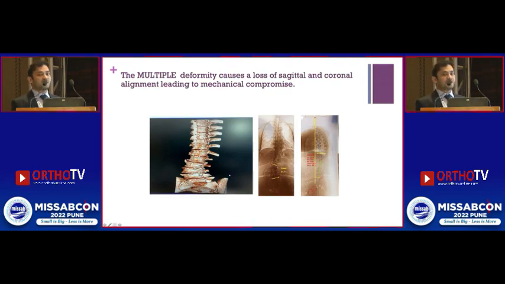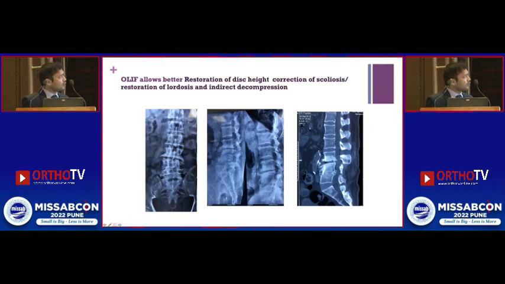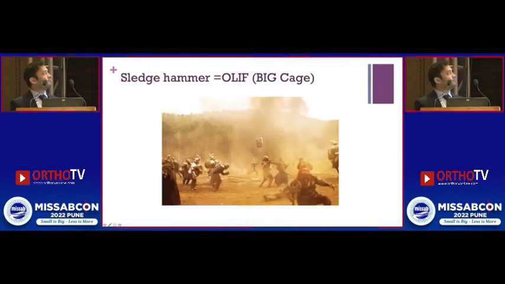These changes result in a complex, multiple-level deformity, causing loss of sagittal and coronal alignment, leading to mechanical compromise. As we have shown in our results, OLIF allows better restoration of disc height, correction of scoliosis, and restoration of lordosis, along with indirect decompression.